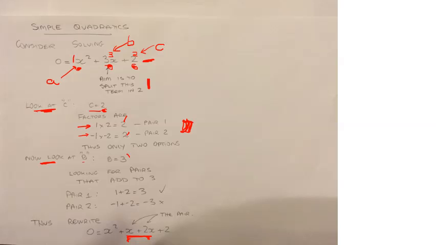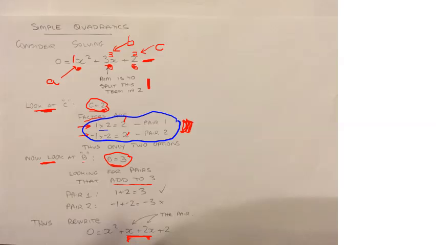Okay, now B is 3. Now up here, C was 2, and we did factors. Well, down here, B is 3, and we're not doing factors at all. We're looking for numbers that add up to 3. But we don't need to start with an empty list, because the good news is we turn our attention to this group of pairs and ask ourselves not what happens when we multiply them, but what happens when we add them.